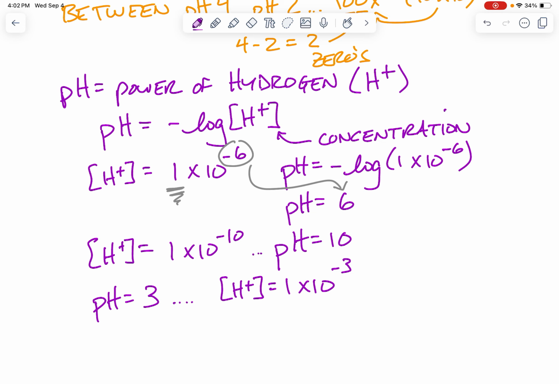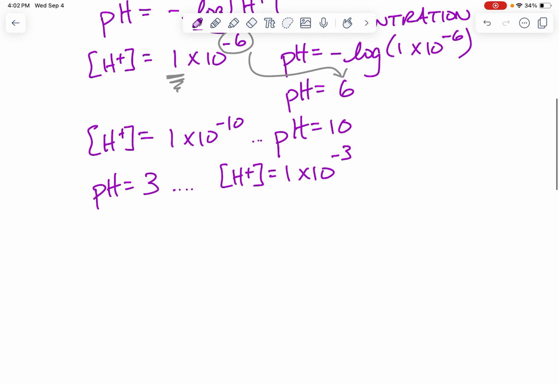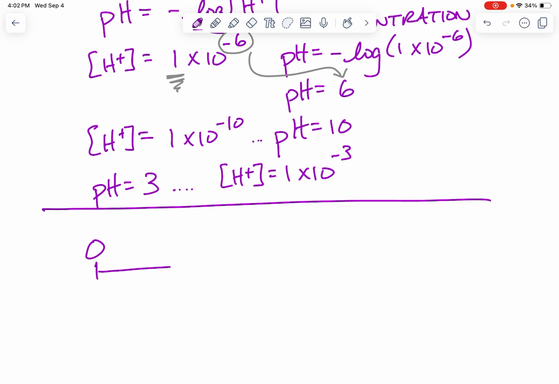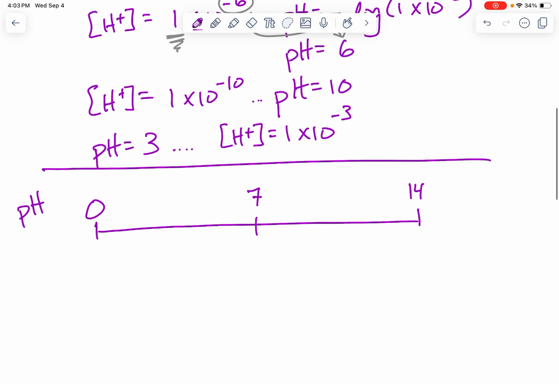Kind of a quick note in a related way, we have our pH scale, and I'll draw that again. A pH of 0 to 14, with 7 being kind of in the middle. The pH scale represents how acidic something is.